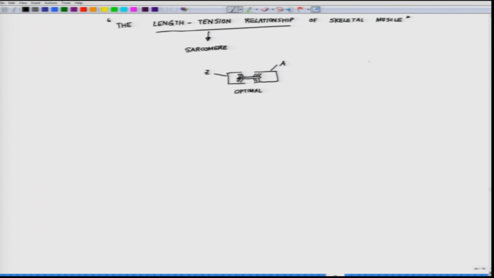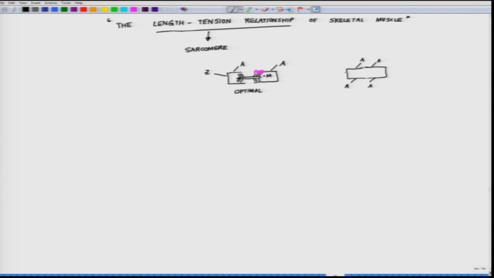When it shortens out, what will happen? These are the actin filaments, this is the A, and this is the myosin, and this is the myosin head, which I will put in pink. This is where the myosin heads are interacting with the actin filament. Now, when it shortens, it becomes something like this. Almost the actins come so close from all sides.